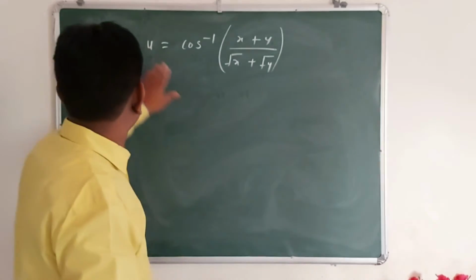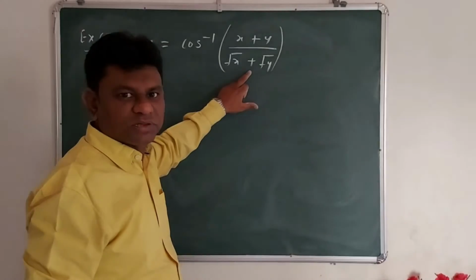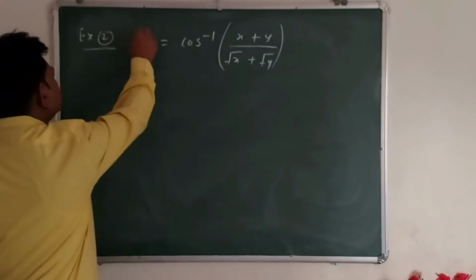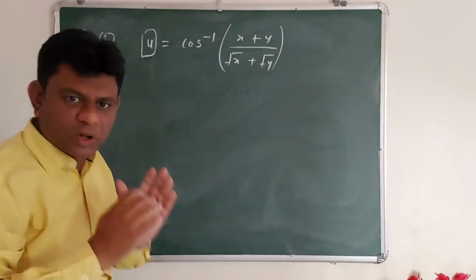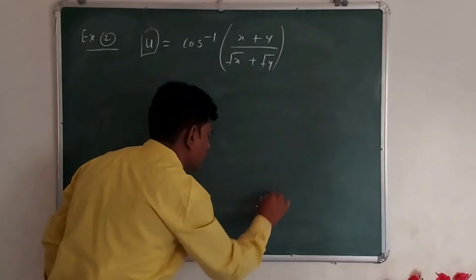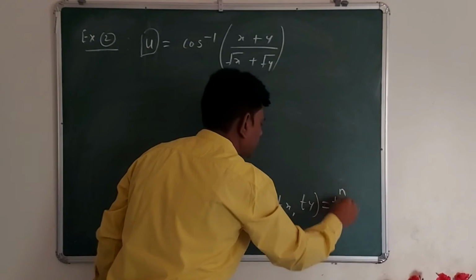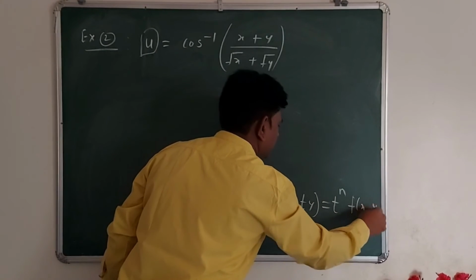Now one another function u is equal to cos inverse x plus y upon root x plus root y. Now this u is not a homogeneous function because it is not possible to write this function in the form of f of tx ty is equal to t to the power n f of xy.